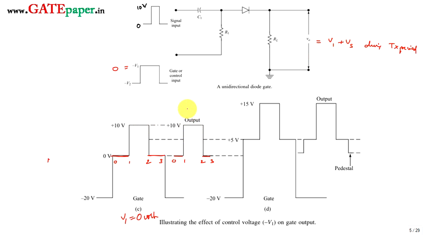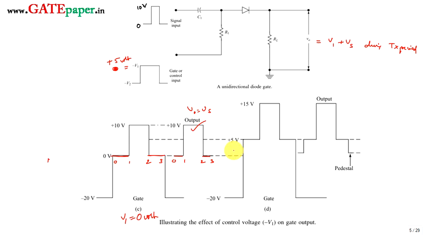The entire signal now appears, V0 equals Vs. That is the ideal case, where V1 is taken as 0. If V1 is 0, whatever small change in the input towards positive appears at the output side. Otherwise, say we apply plus 5 volts instead of 0, some positive voltage.